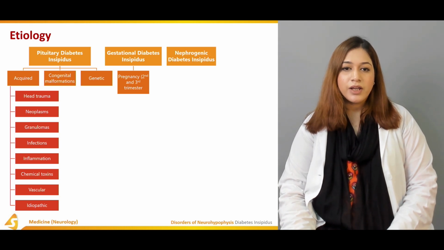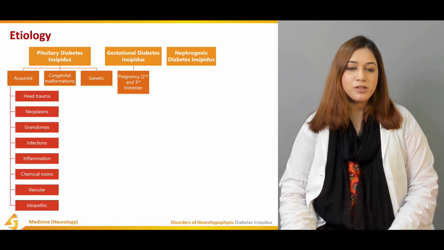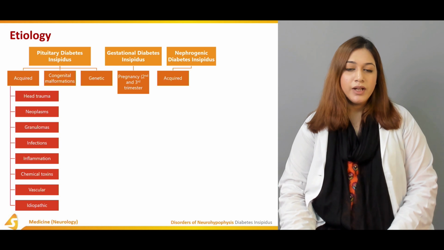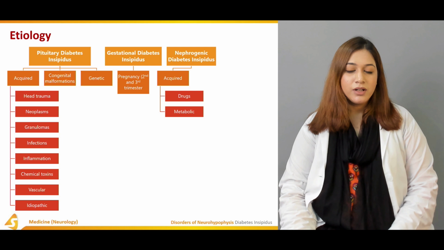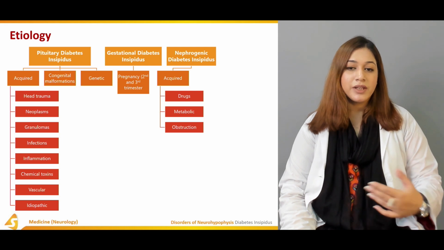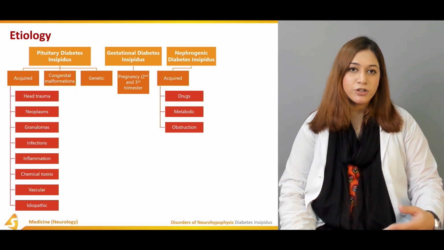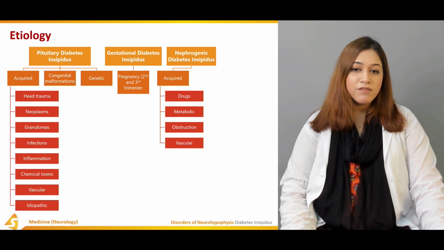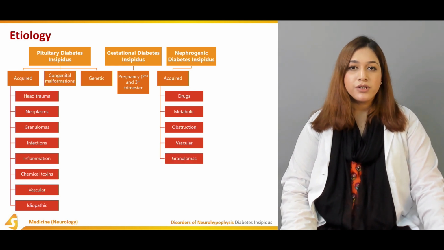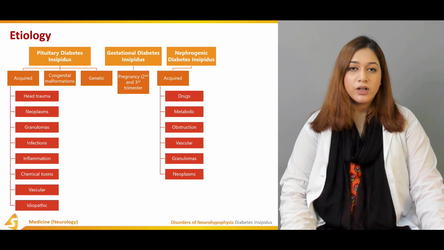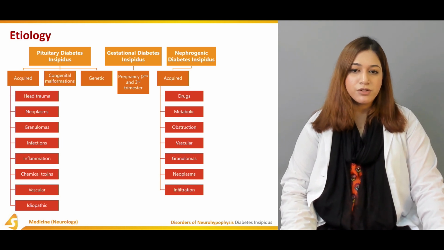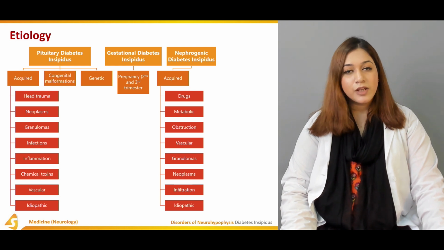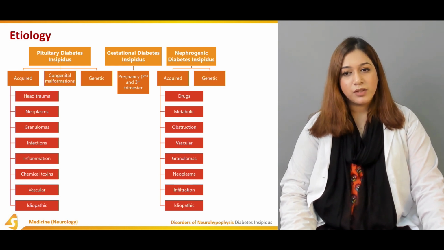Then we have another variant of diabetes insipidus, that is nephrogenic diabetes insipidus. It can be acquired either due to drugs, metabolic causes, obstruction, vascular causes, certain granulomas, neoplasms, and because of certain infiltrating conditions, and it can also be idiopathic.